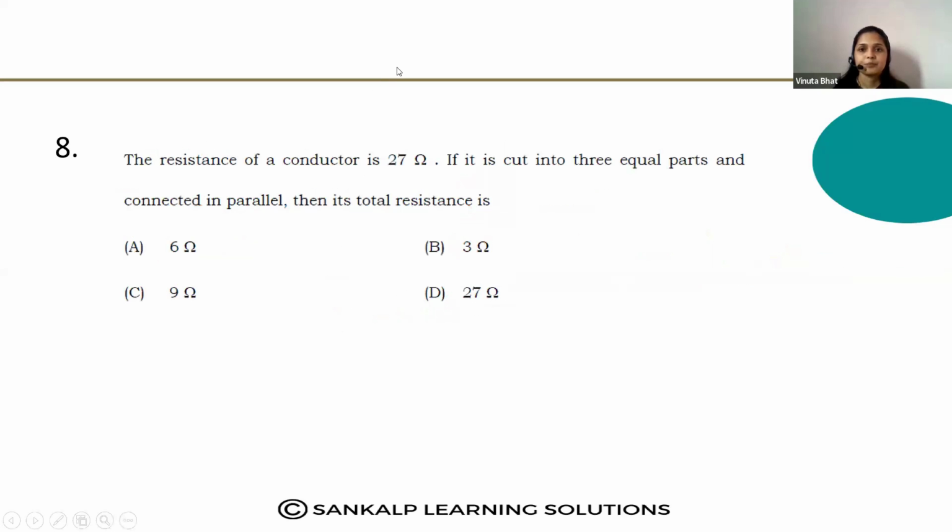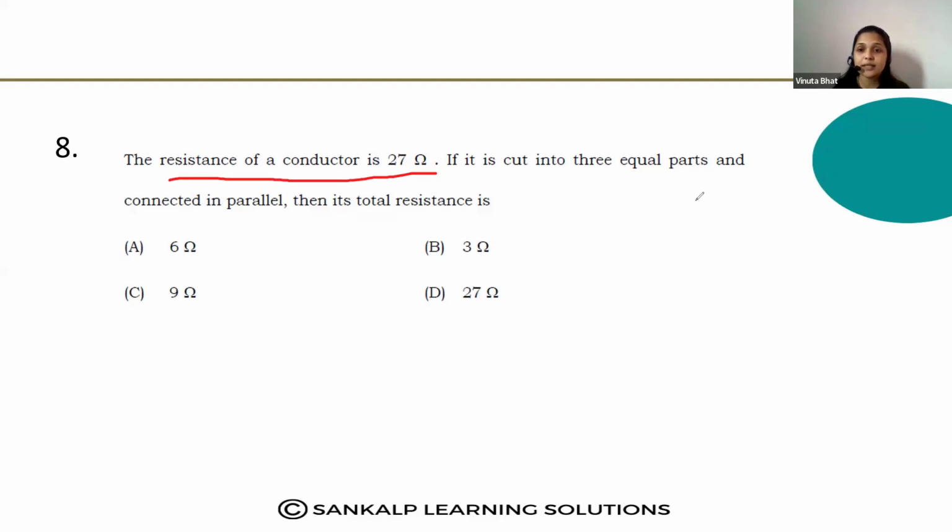Next question. The resistance of a conductor is 27 ohm. If it is cut into 3 equal parts and connected in parallel, then its total resistance is? The total resistance of the conductor is 27 ohm.